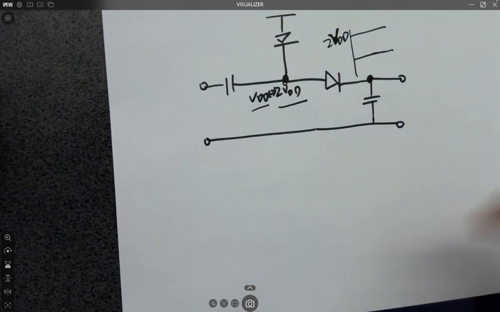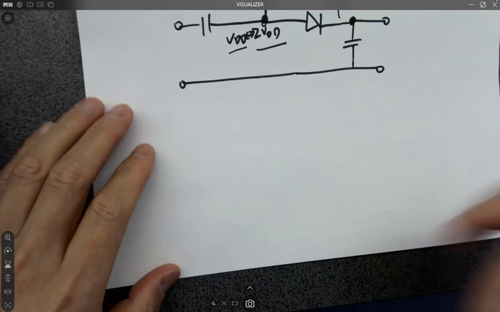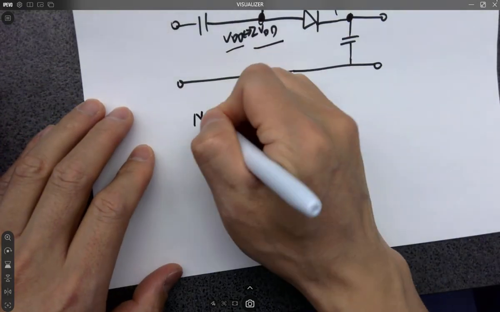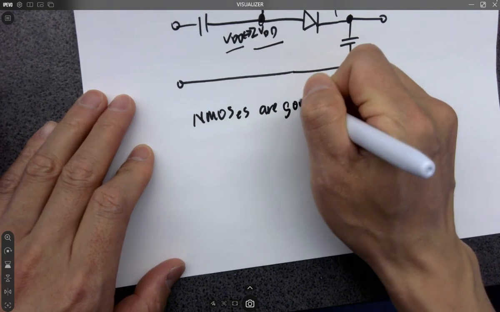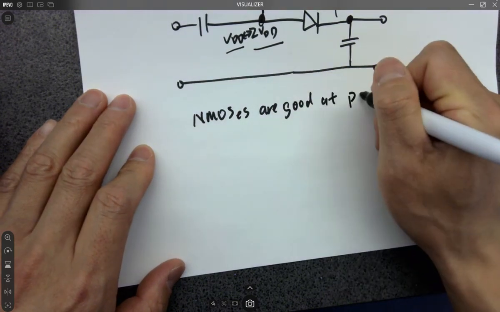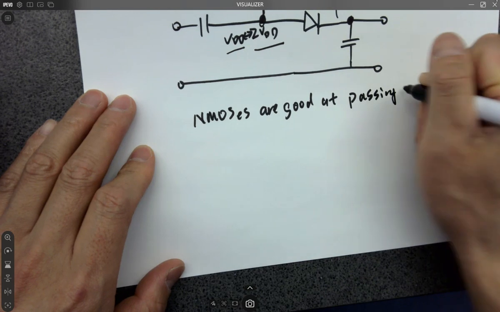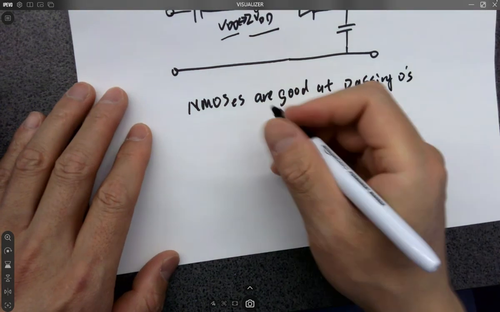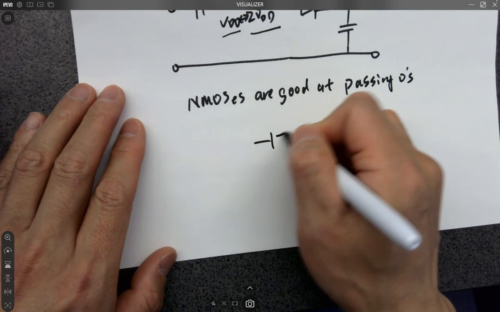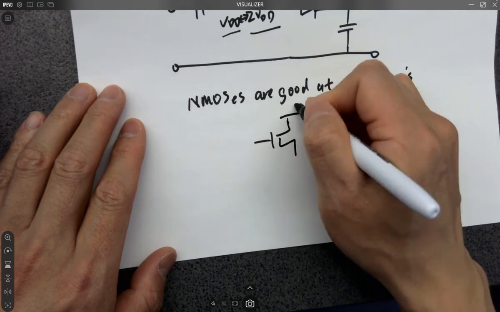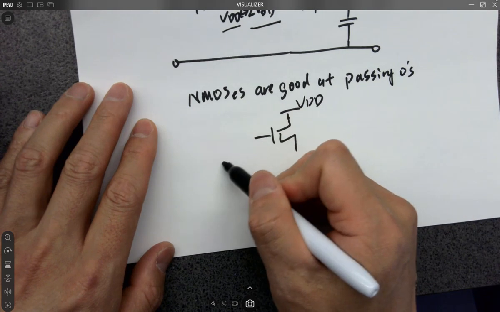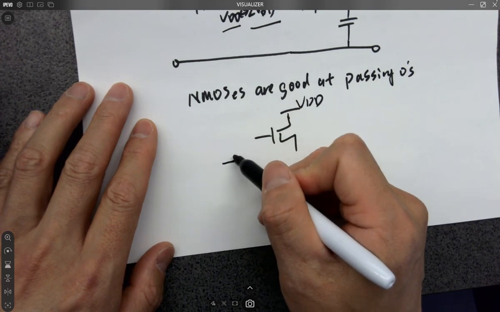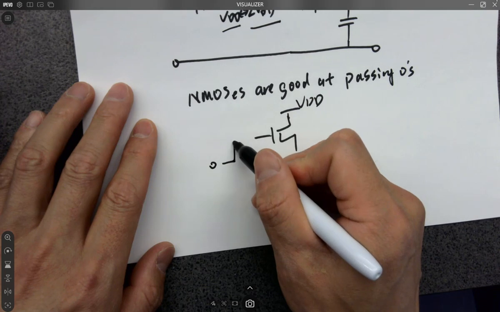All right. And we have learned that NMOSes are good at passing zeros. Okay, so in that case, if we have an NMOS like this, VDD here, and this one has a rising edge from 0 volts to VDD.